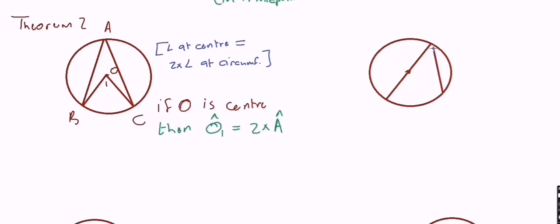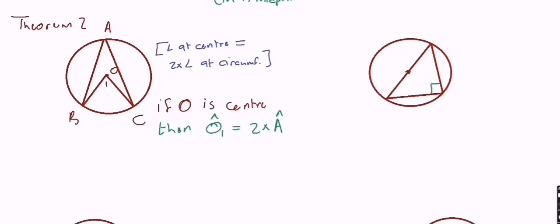So we've got theorems to do with diameters. For instance, if a diameter subtends an angle at the circumference, that angle that will be subtended will be 90 degrees.